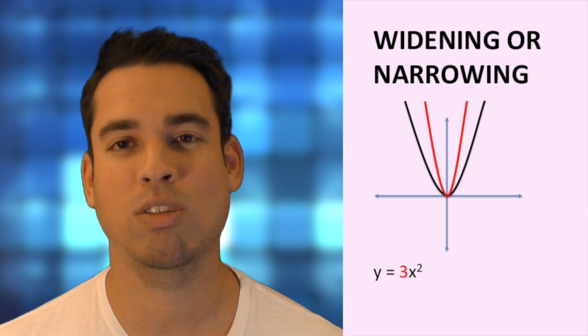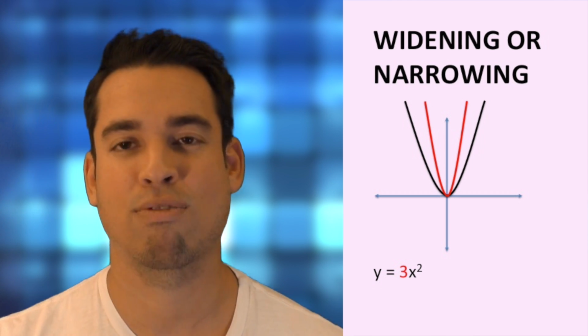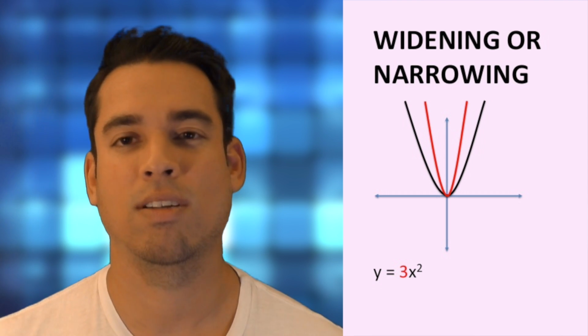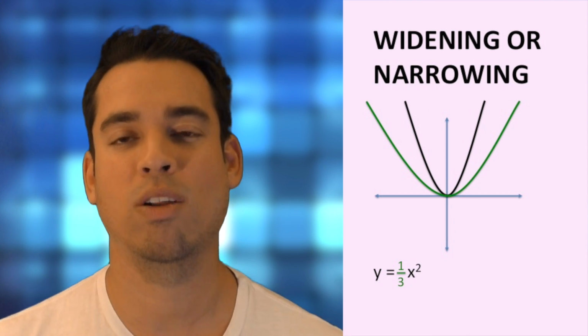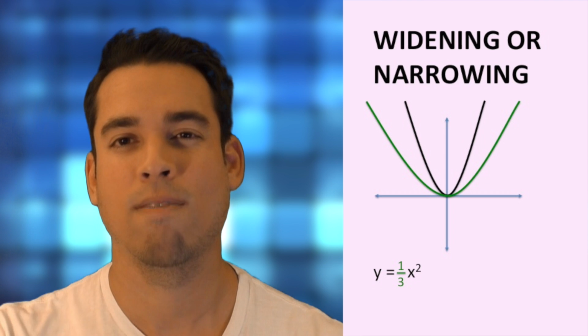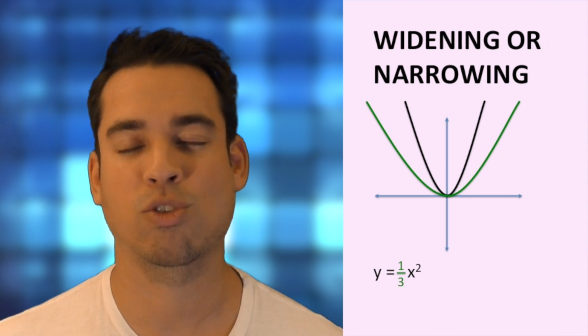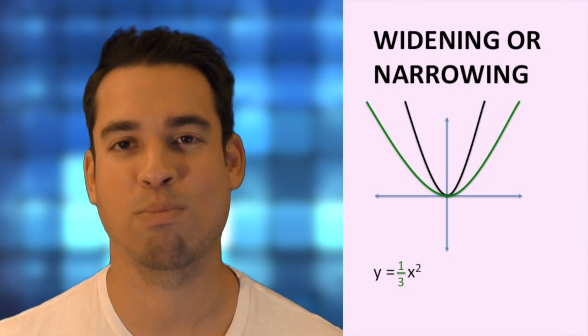So in this case, we're going to multiply it by 3, and you'll see that it elongates the parabola, or kind of looks like it's compressing it. And likewise, if we multiply it by a number between 0 and 1, we are going to widen it, or vertically compress it. So in this case, we're multiplying y equals x squared by 1/3, and you see that vertical compression.